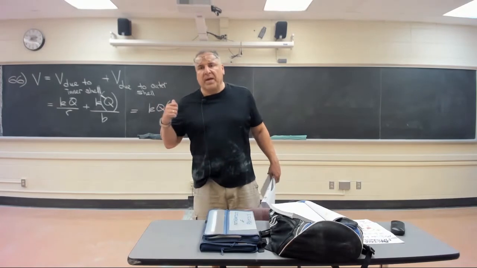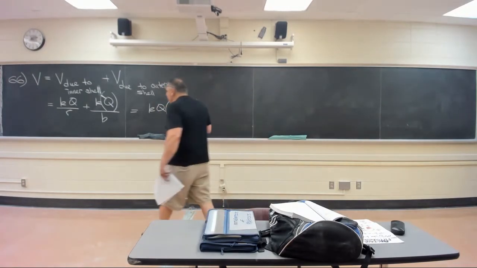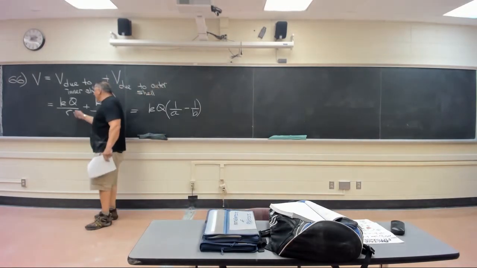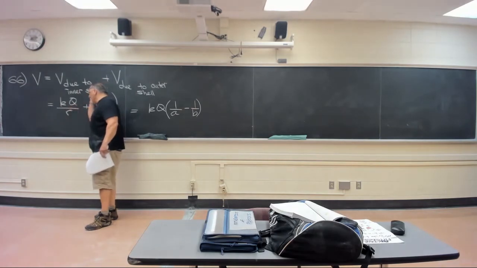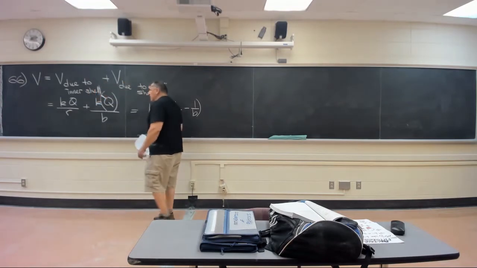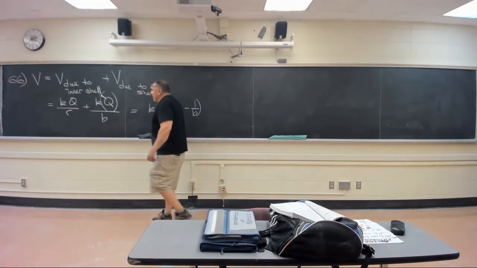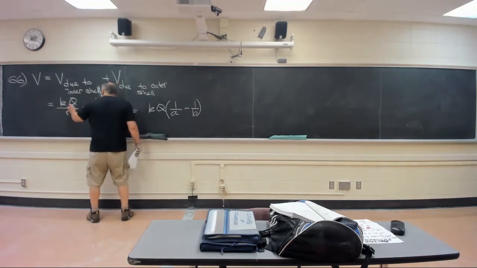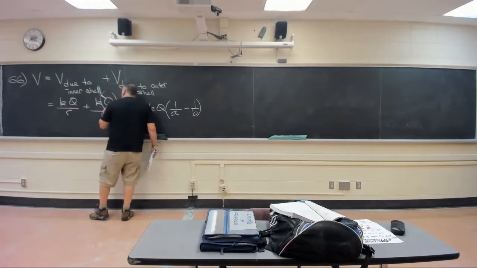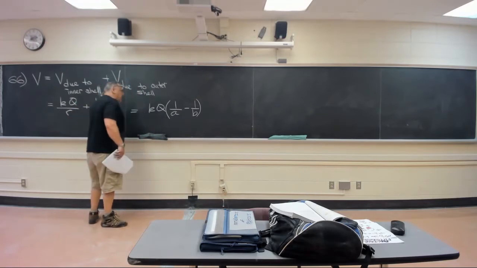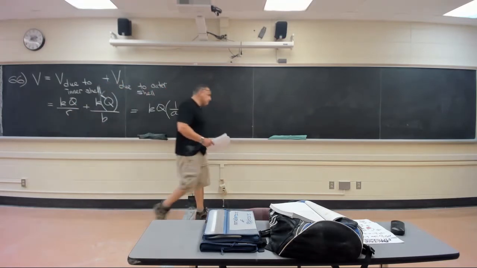If you were trying to bring a charge in from very far away, you'd have to fight your way to this point to have this much potential. But when there's a negative charge present, it already wants to bring it in, so it's not as hard of a fight as you might think. That's why there's a subtraction.